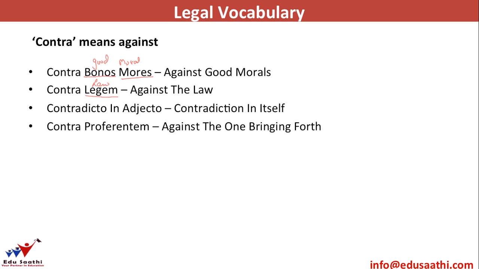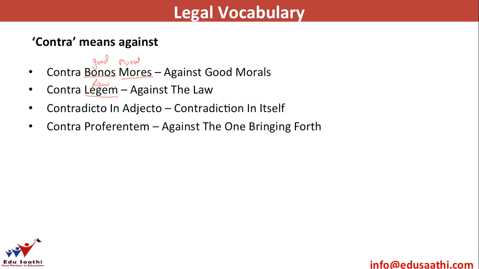Next, we have contra proferentem, which is against the one bringing forth. The best example to explain this would be the example of insurance agents, right? Proferentem means it is the ability of one of the parties to sue the other party based on the fact that it has introduced a clause in the contract which is ambiguously stated.